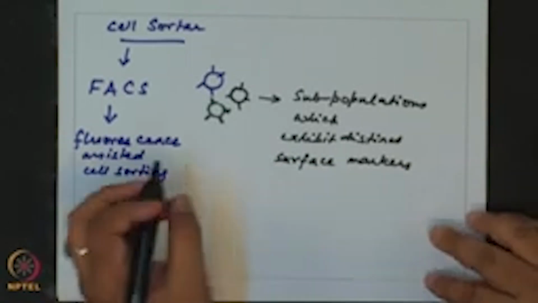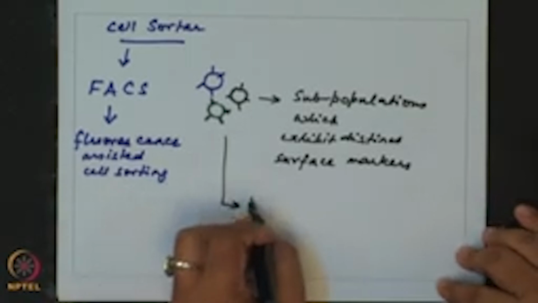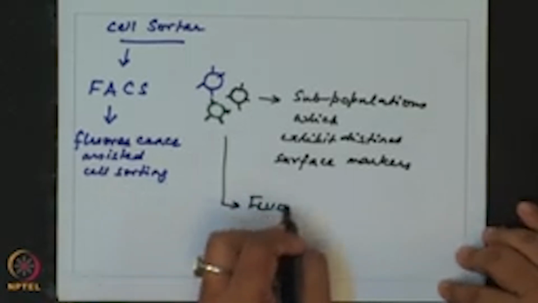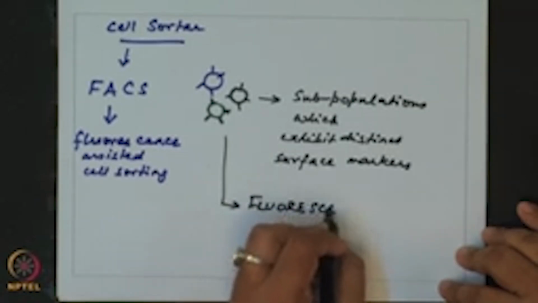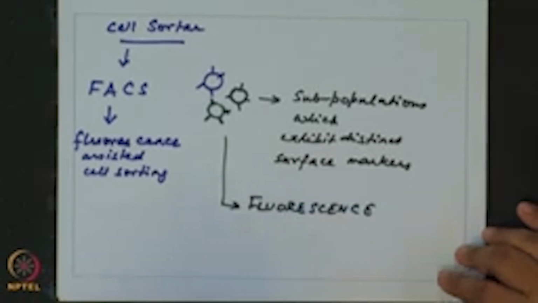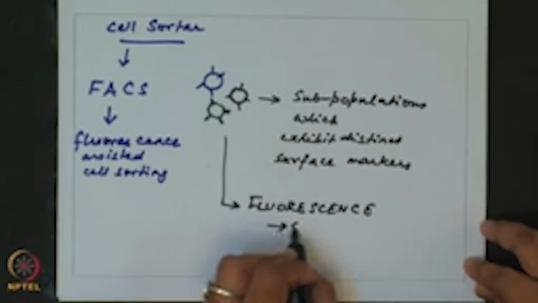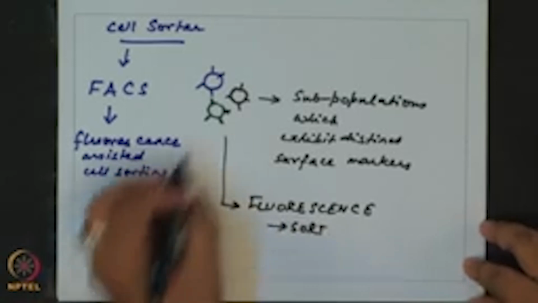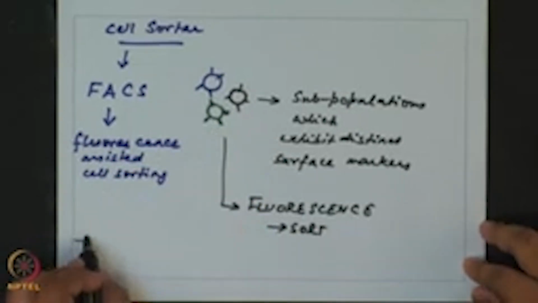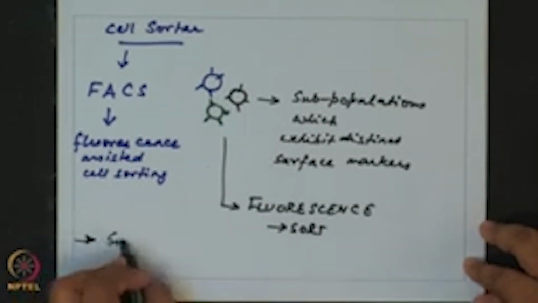Okay. So, I can make use of fluorescence to sort these populations. However, this process will work only if I know the surface marker profile.